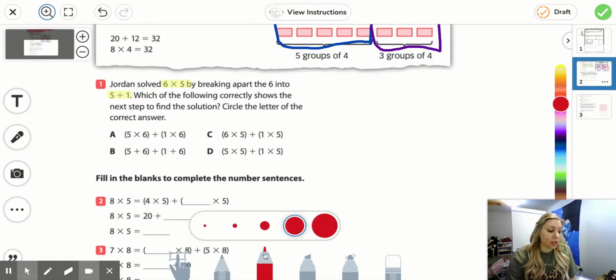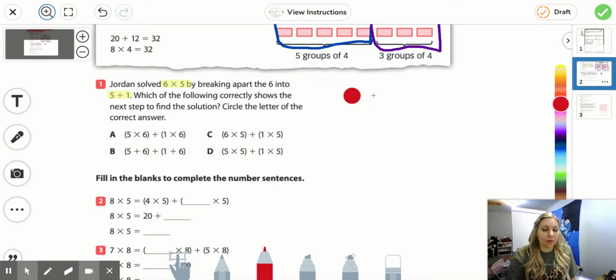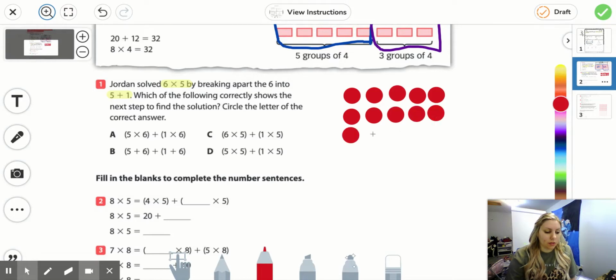I clicked the marker tool. I'm going to click a pretty big dot, but not the biggest dot. And I'm going to show that there are 6 rows with 5 in each row. 1, 2, 3, 4, 5. There's my first row. 1, 2, 3, 4, 5. There's row 2. 1, 2, 3, 4, 5.